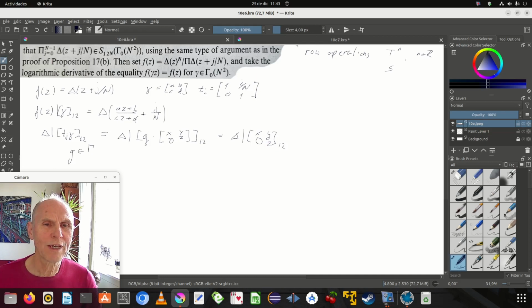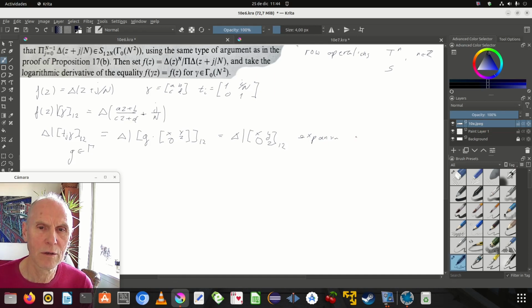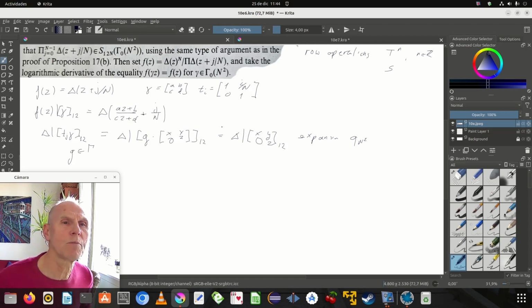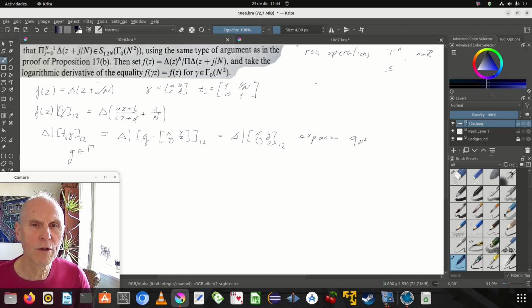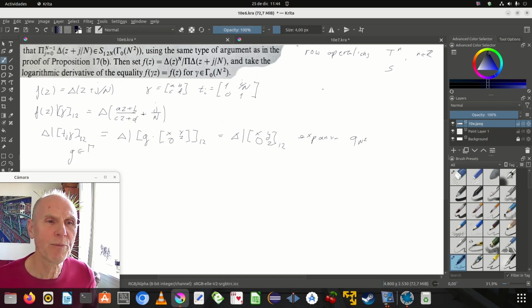So the worst we can get is n squared down here and unity up here. And that implies that we get an expansion in q to the n squared, which was what we should get by 3.8. So the expansion has the right form.